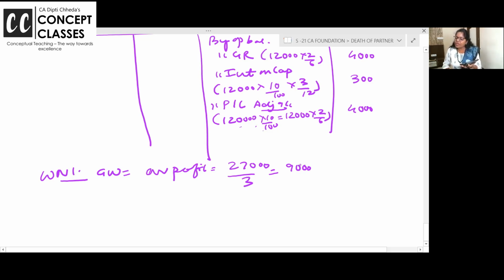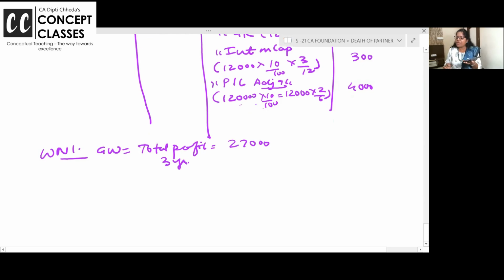Goodwill according to share of profit to be calculated by taking twice the amount of profits. Oh, it's not average profit. Twice the amount of total profits of the last 3 years. So last 3 years total profit. Read the language.